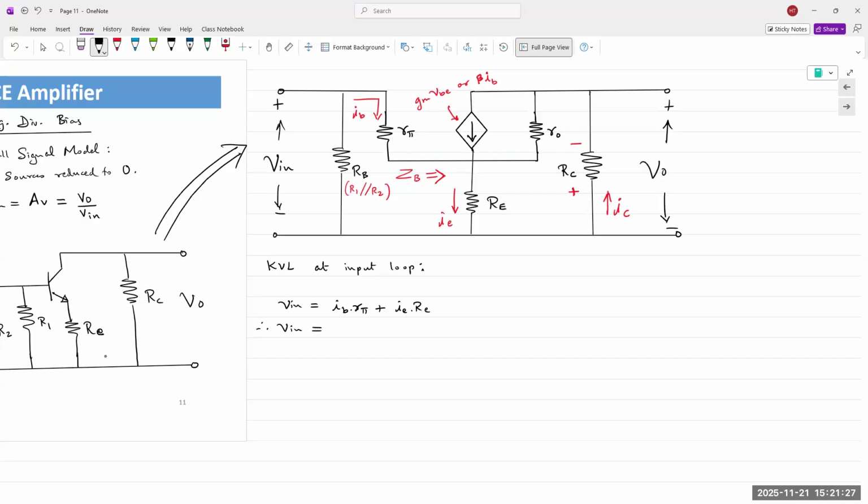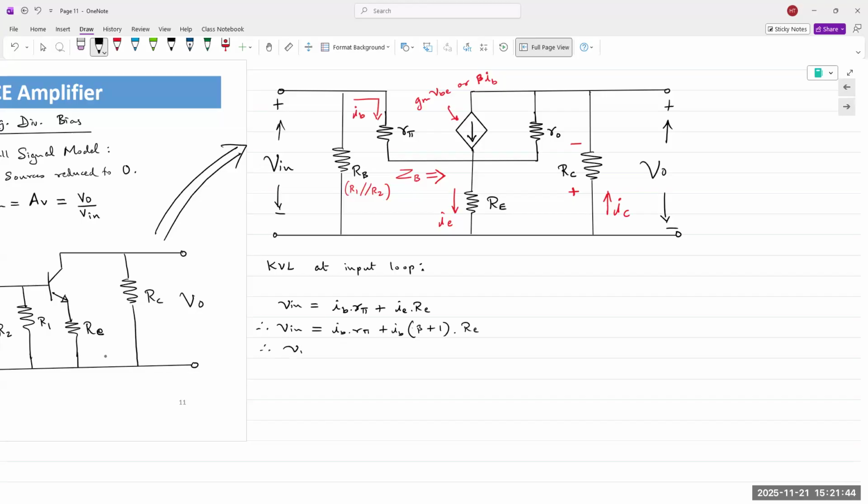Therefore, V in is equal to IB times R pi plus IB times (beta plus 1) times RE.